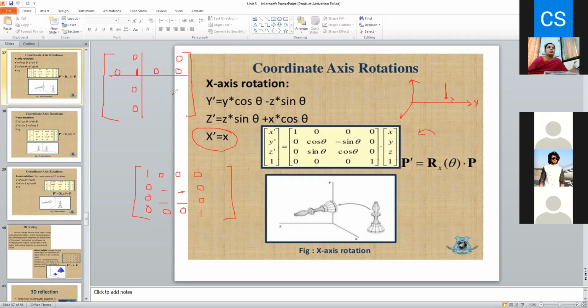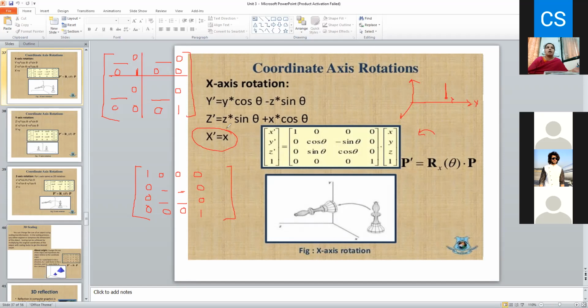These are already 0. This is the overall scaling factor 1. These two are 0 due to projection. So now I will have only 4 locations which I need to fill, and that is done with the help of these 4 terms, cos theta and sin theta.